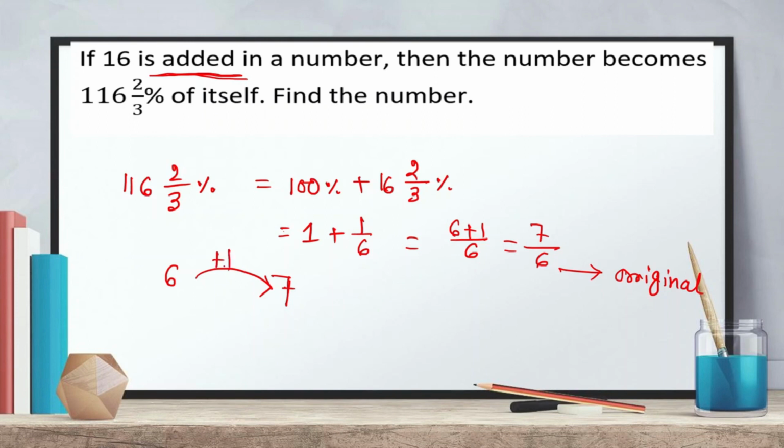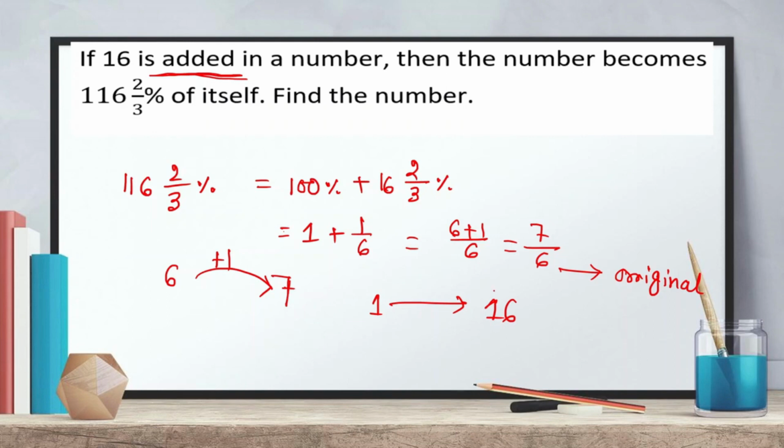Obviously it is plus 1. And now look, how much the increment is given here, and it is given that 16 is added. That means this 1 is equivalent to 16, and we have to find the original number.